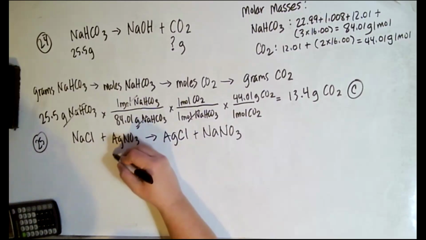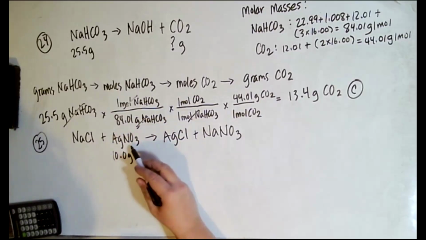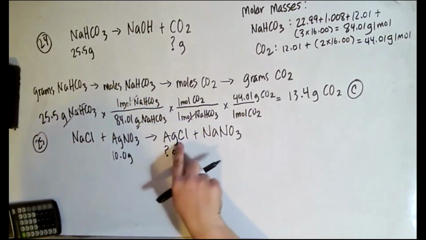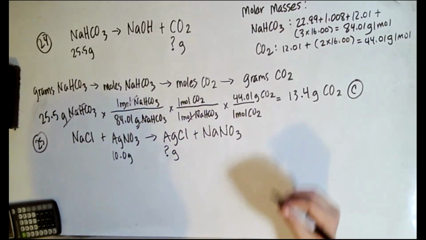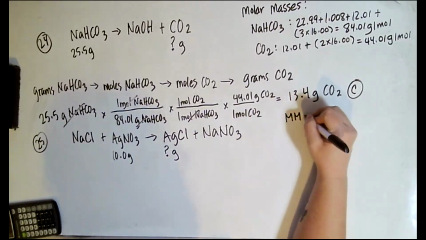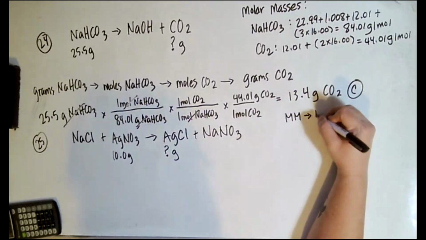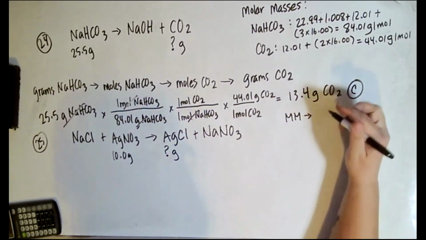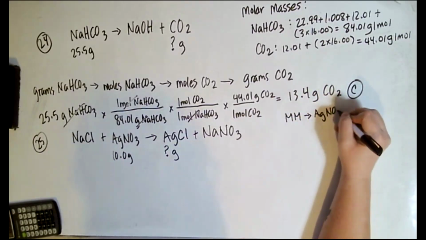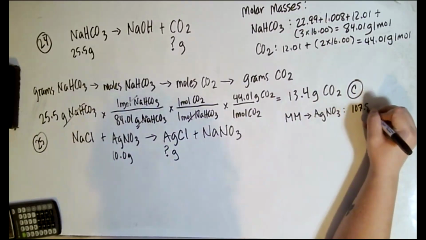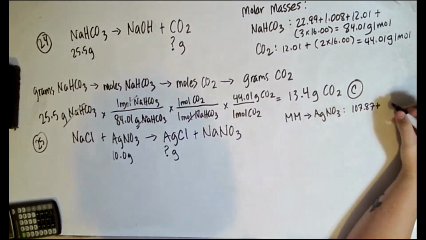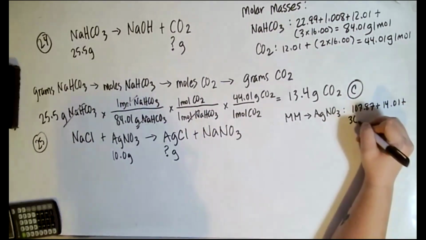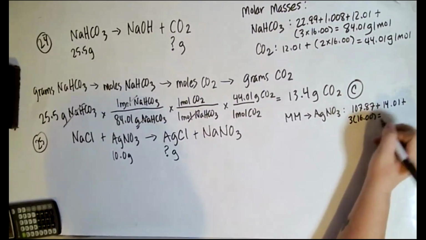We're going to be starting off with 10 grams of AgNO3, and we're going to be figuring out how many grams of AgCl are going to form. So let's write down the molar masses for these two things because we're going to need them. So for our AgNO3, it's going to be 107.87 plus 14.01 plus 3 times 16.